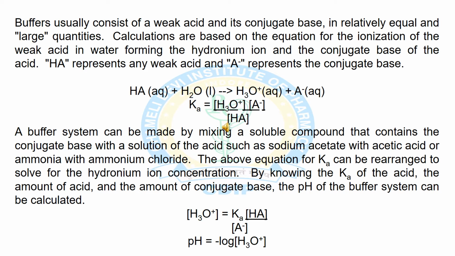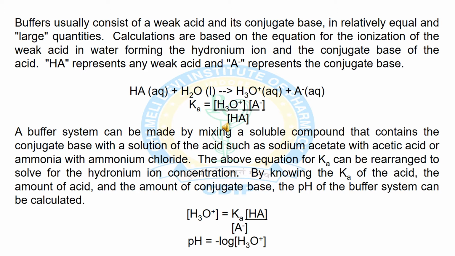On the basis of calculation for ionization of a weak acid in water, forming the hydronium ion and its conjugate base, consider HA as a weak acid where A represents its conjugate base.